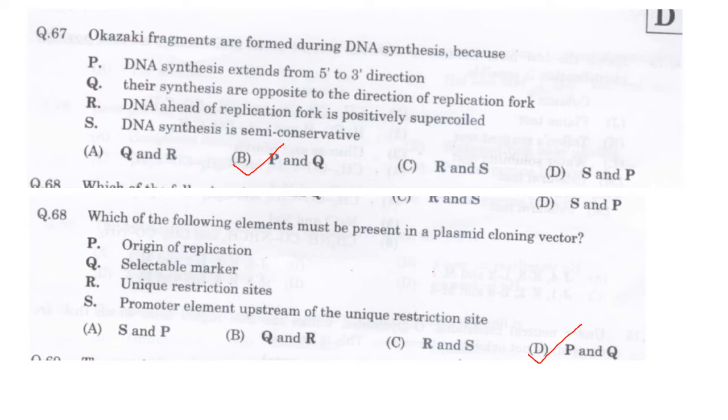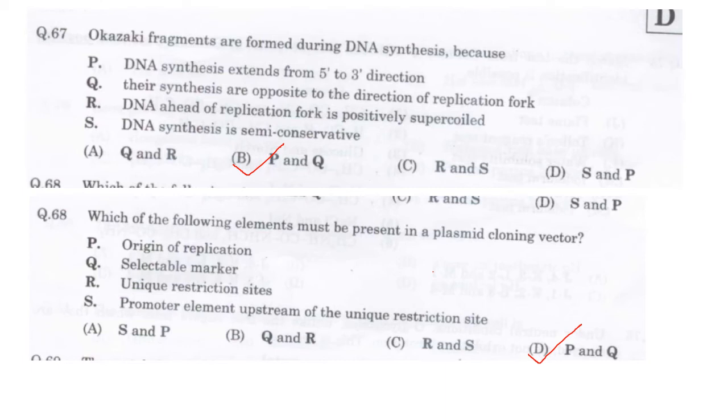That's correct. DNA ahead of the replication fork is positively supercoiled. DNA synthesis is semi-conservative. These two are not the exact reason for why Okazaki fragments are formed during DNA synthesis. One is because DNA synthesis moves in 5' to 3' direction, and the synthesis of these Okazaki fragments is opposite in direction to that of the replication fork, especially in the lagging strand. So the answer is option B, P and Q.